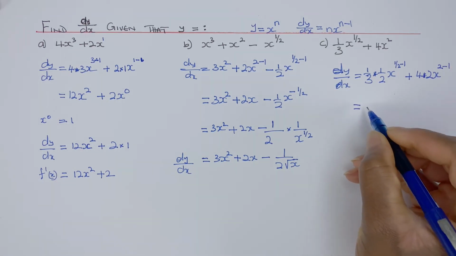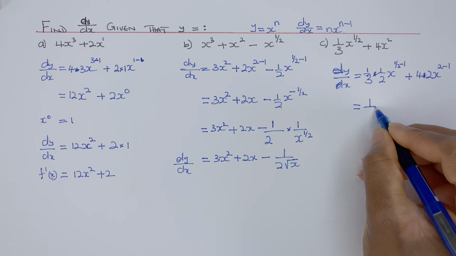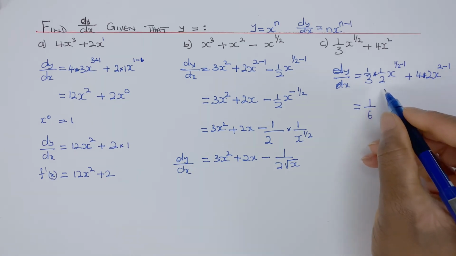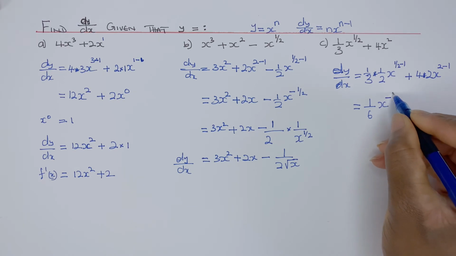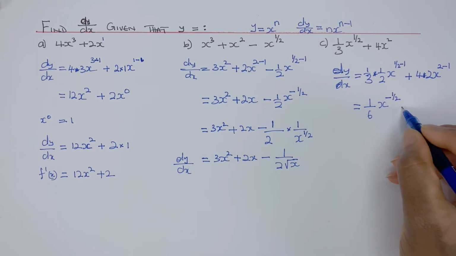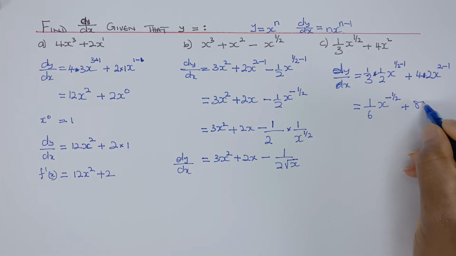And that will be 1 over 6, 3 times 2 is 1 over 6, x to the power minus a half plus 8x to the power 1.